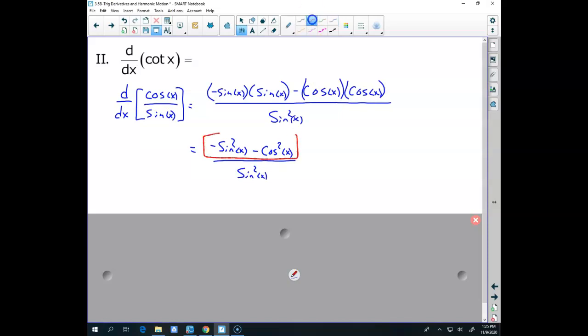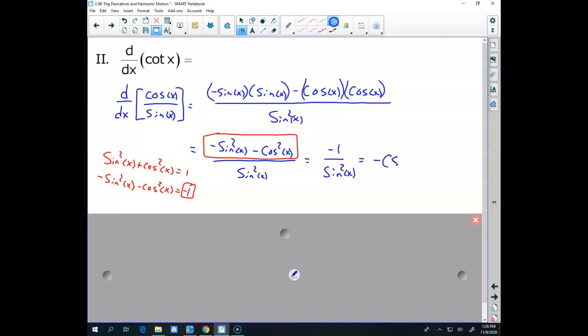Oh, look at that. There's a modification of the hammer. Remember, sine squared x plus cosine squared x equals 1. So a negative sine squared x minus cosine squared x equals negative 1. So I can use that, and I can say this equals negative 1 over sine squared x. Look at that. 1 over sine, that's a cosecant.